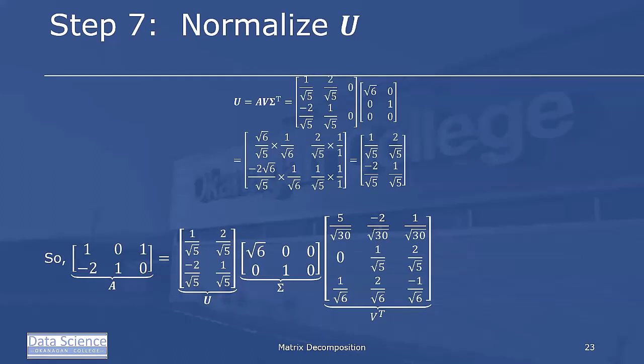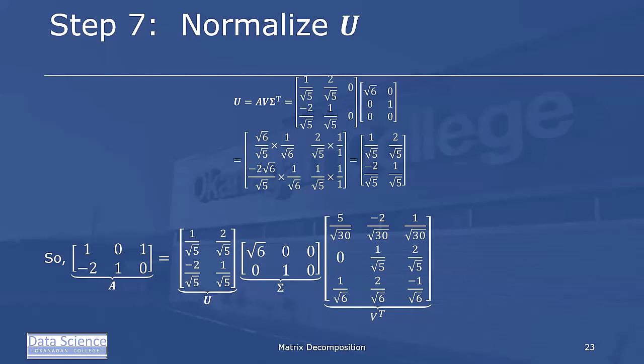All that's left here is to normalize the columns of U. So we divide the first column by root 6, and the second column is already of unit length. So U, in the end, is 1 over root 5, negative 2 over root 5, 2 over root 5, 1 over root 5.